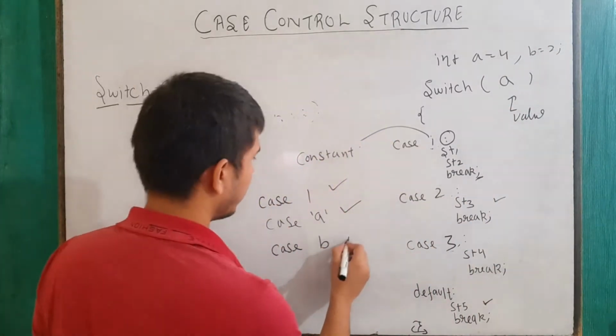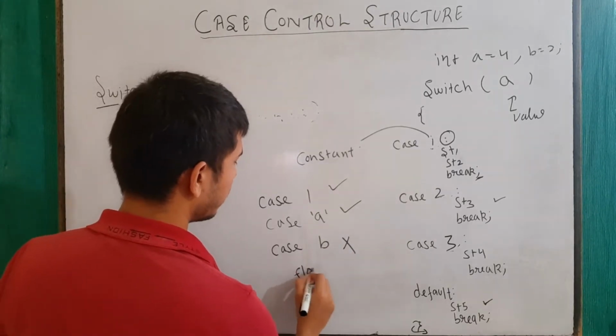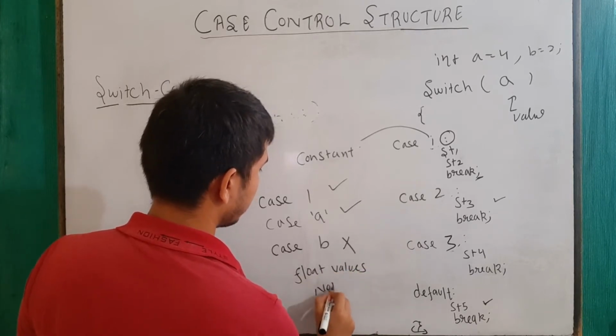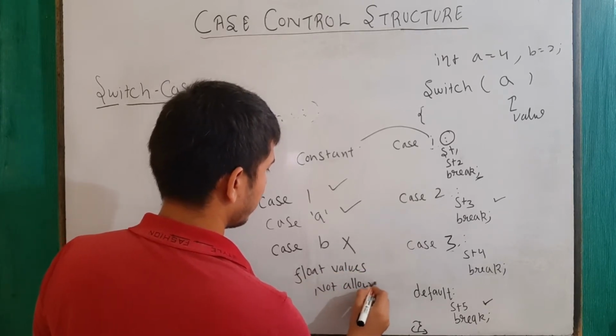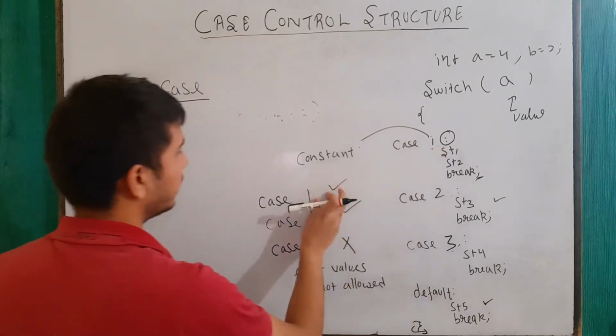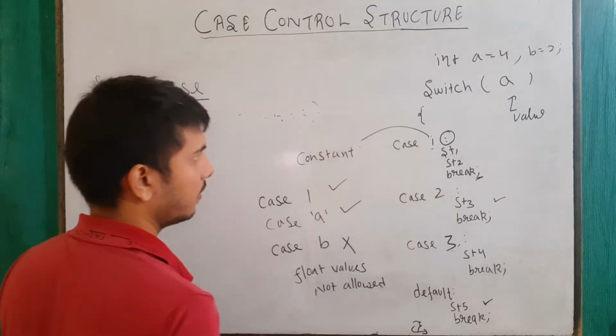This is not allowed. Also float values are not allowed. So in cases I can only write an integer constant or a character constant. No other constant is allowed here.